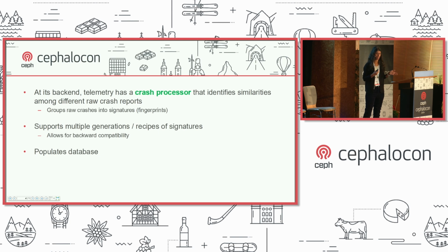That processor supports multiple generations or recipes for the signatures. And this allows us to look at different versions of these crashes, basically. And then once the crash processor created the signatures that all those raw crashes map into, it populates the database.